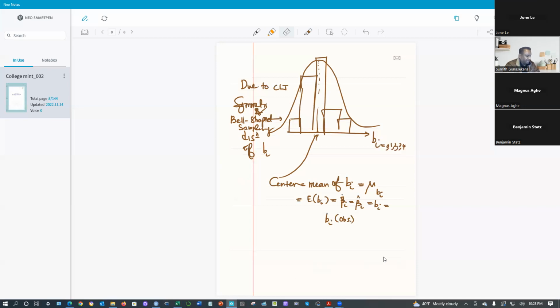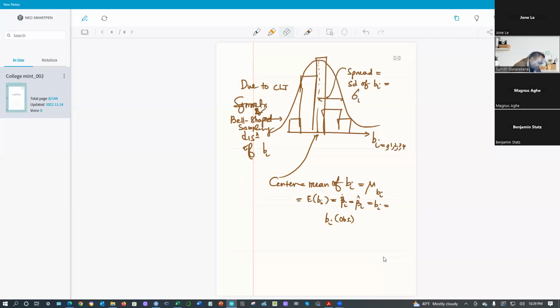On the other hand, do I have a spread of this distribution? Yes. Spread is nothing but the standard deviation of Bi, that means sigma of Bi.